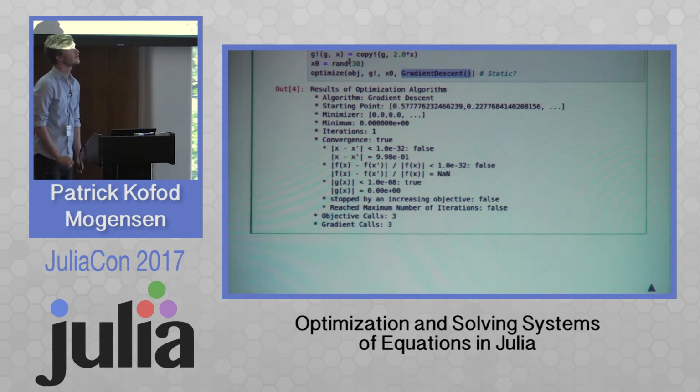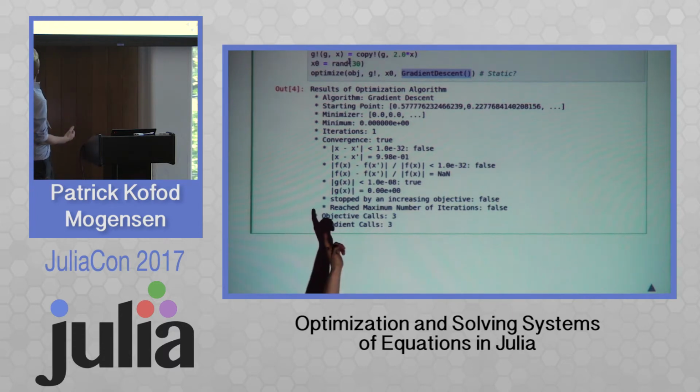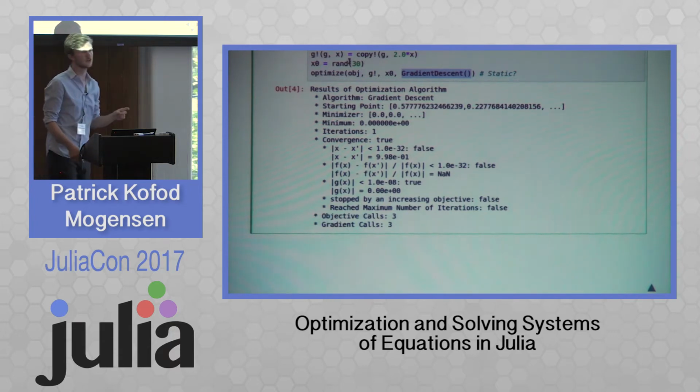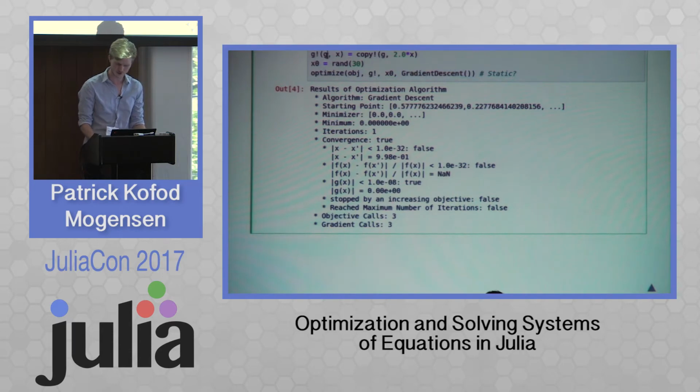So I just want to note that when you construct your gradient function, the G exclamation mark up there, G-bang, you have to give it two input arguments. G here is a vector that is used to store the gradient. And we do it like this because then we can update it in place during the optimization procedure. And then the second positional argument should be x, the current iterate.